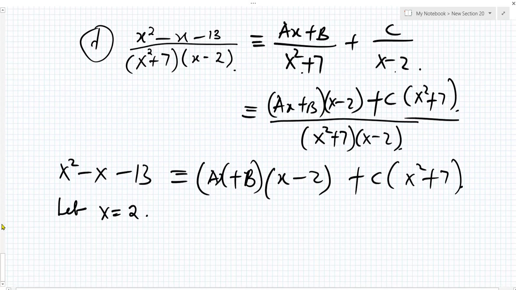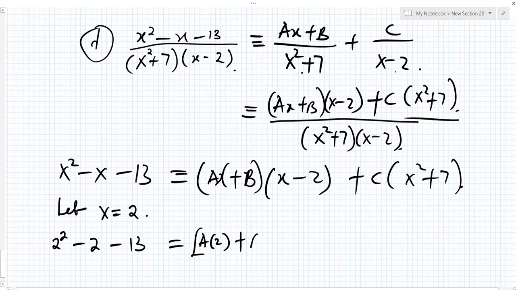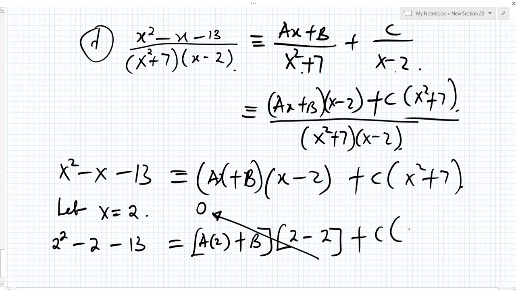So using x equal to 2, wherever I see x, I put 2 there. So that is 2 squared minus 2 minus 13 is equal to a times 2 plus b times 2 minus 2, this is equal to 0, plus c into 2 squared plus 7.